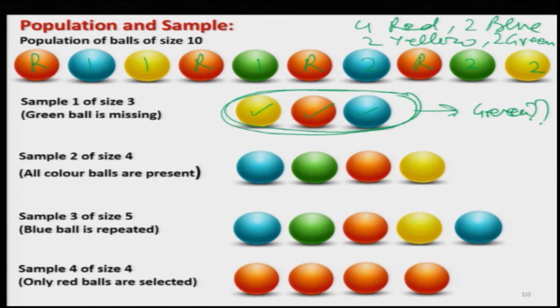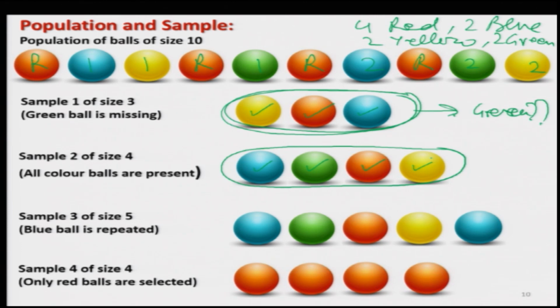Now, in case you try to take sample number 2, here I have taken 1 ball of each color. So, now the question is this: can you really take it as a representative sample? Meaning if you go by the colors, then yes, this is a representative sample. It is indicating that there are blue balls in the population, there are green balls, red balls, and yellow balls.